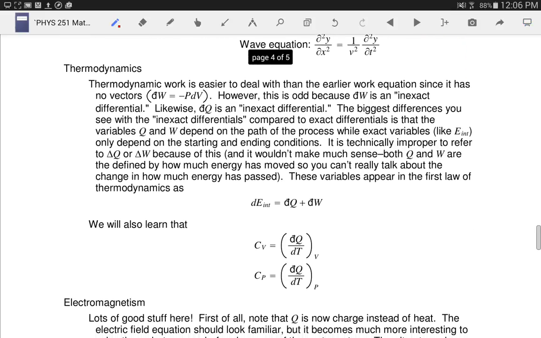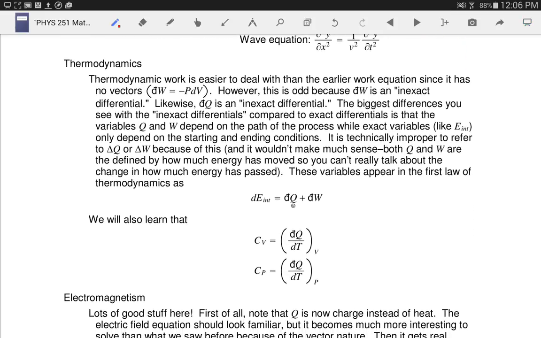Then thermodynamics, we have a new symbol here. See this d with a slash? That's an improper differential. What does it mean to be improper? Well, when we measure heat and work, they are the change that occurs in a process.